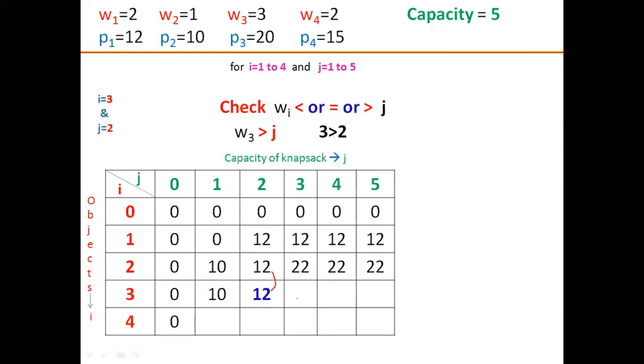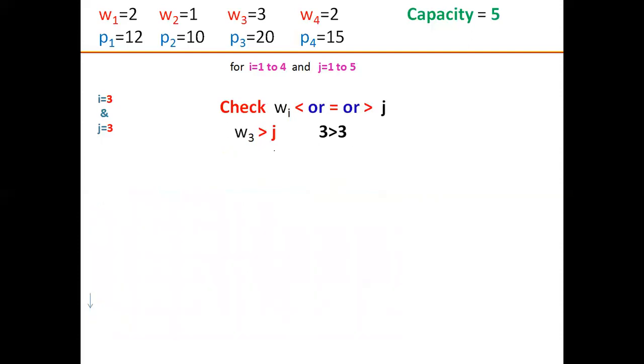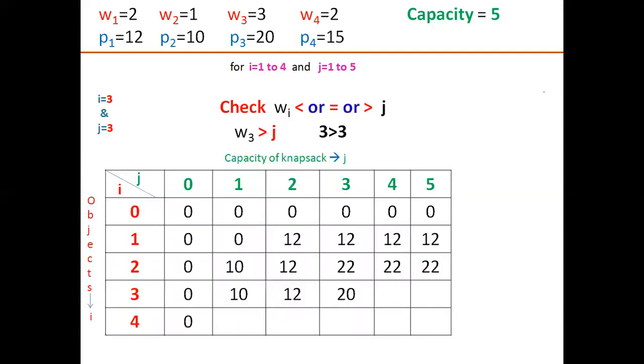So now to fill this part, third row, third column. Third row indicates W3. W3 is 3. Capacity here is 3. So now 3 is equal to 3. I can add.